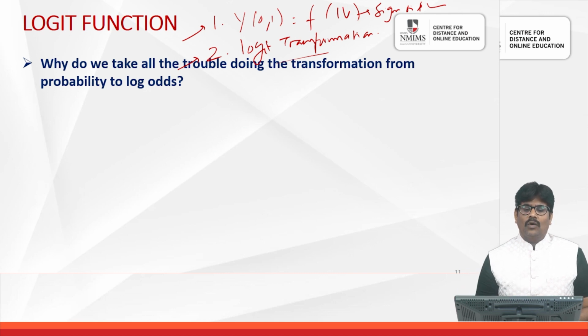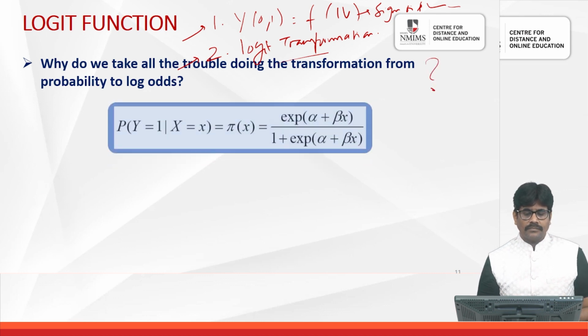Now, with this at the back, why do we take all the trouble of transforming from probability to log of odds? If you look at it, the sigmoid function gave the answer in terms of probability, that is y equal to 1, the probability of the success class. Now, from probability we went for the logit transformation, that means from probability we went for the odds transformation. Why do we need to do that? This is the answer.